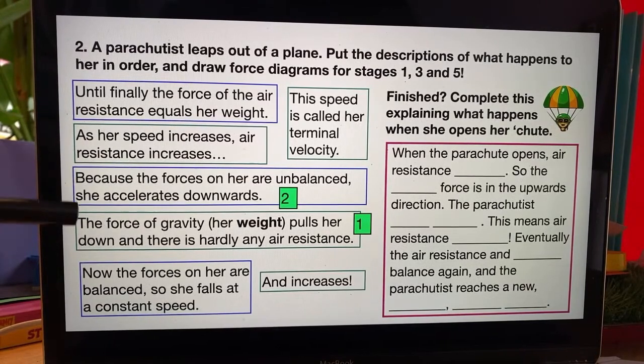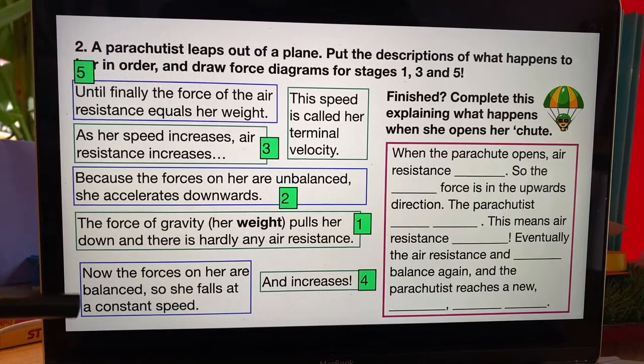So she's accelerating downwards now, which means speed increasing. So as her speed increases, air resistance increases and increases until finally the force of the air resistance equals her weight. So if the force of the air resistance equals her weight, then obviously the forces on her are balanced, so she falls at constant speed. This speed is called her terminal velocity. Well done if you got that.